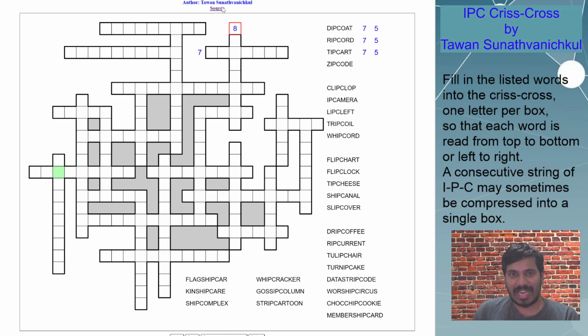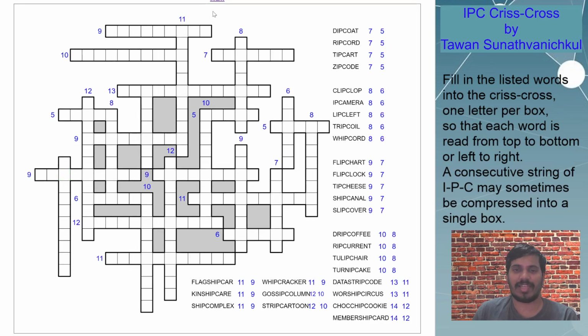So to save time on the video, I have gone ahead and pre-planned and put all these numbers. So let me switch to new tab where I have put them. Okay, so you can see here I have placed all these numbers, possible sizes for each of these words, and this particular set of words had exactly the IPC string appearing once.